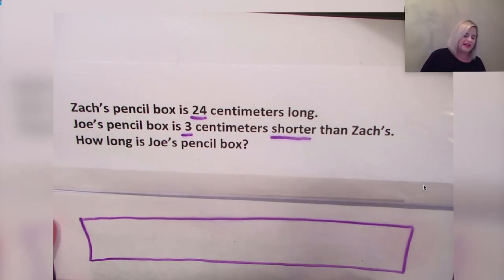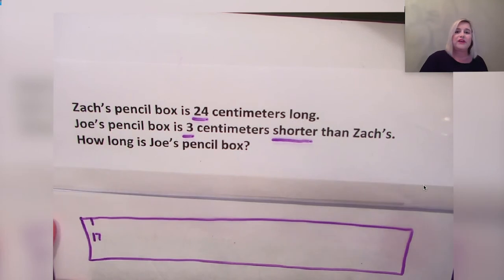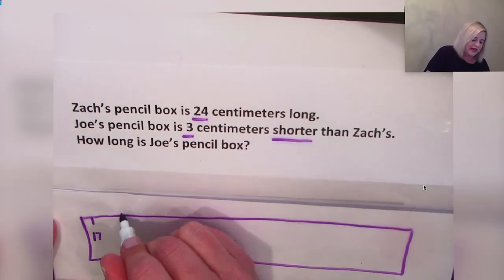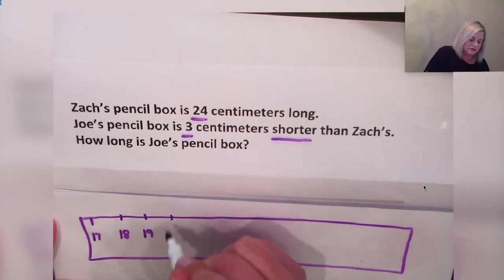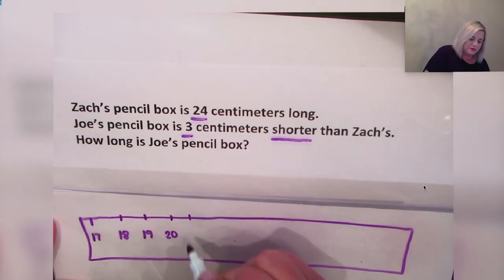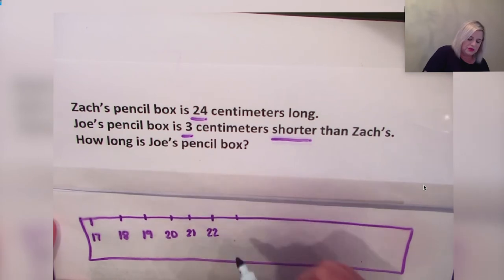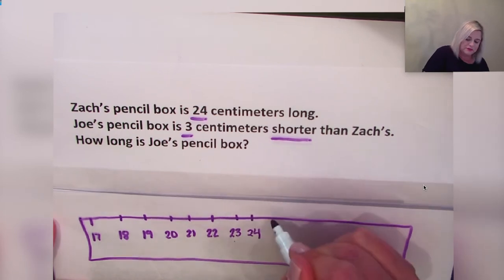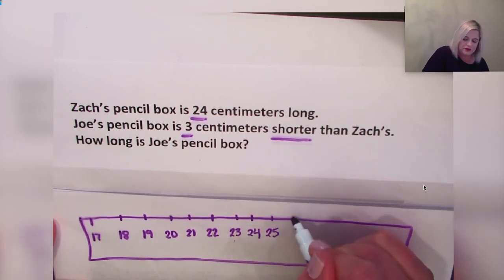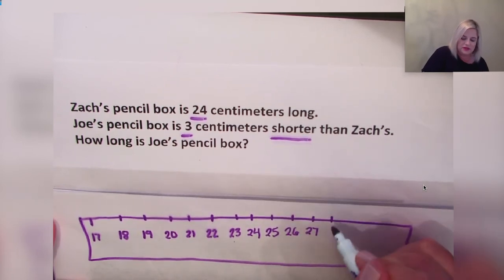I'm going to start with 17. Very good. And then I'm going to have 18, 19, 20, 21, 22, 23, 24, 25, 26, 27, 28, 29.